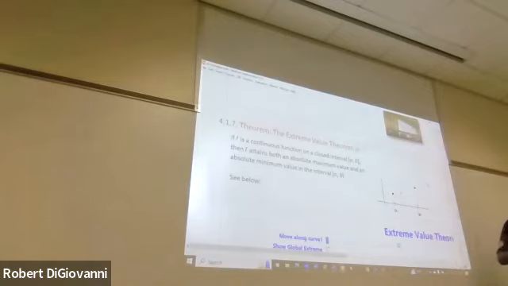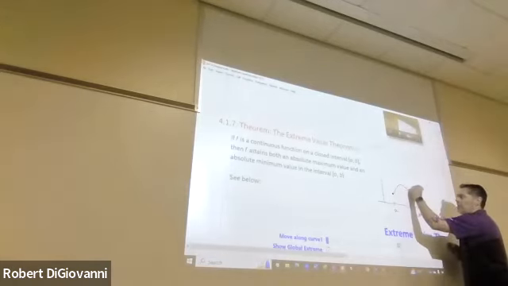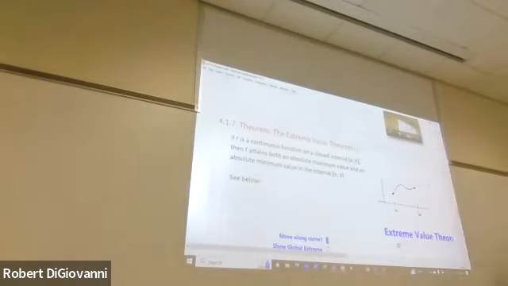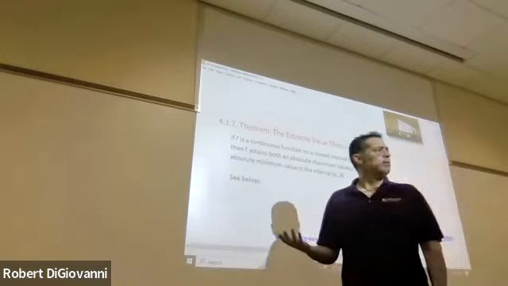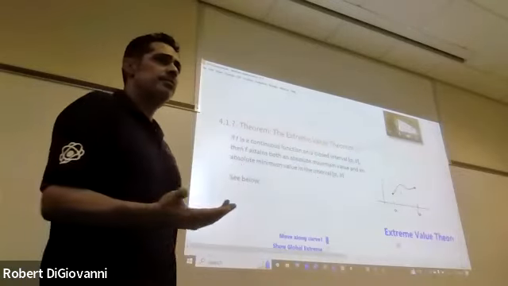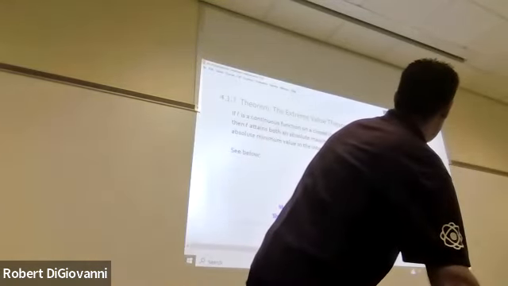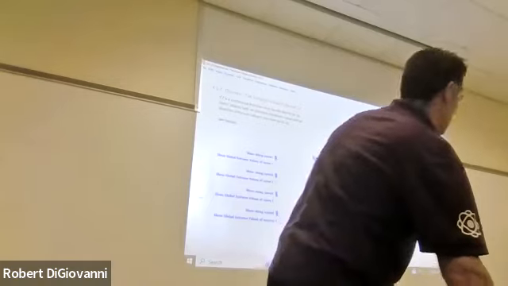There's no way to avoid that. Does the theorem make sense? Does it seem pretty logical to you that that would be the case? Yes. I'm going to give you a couple more examples to look at here.